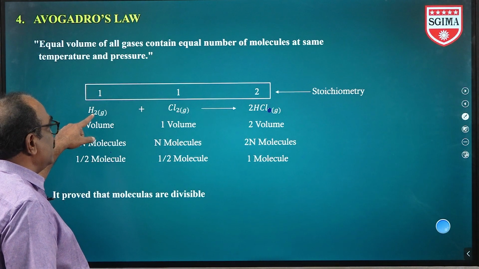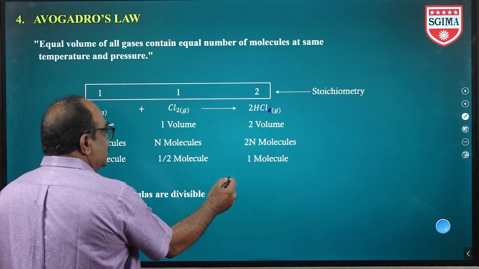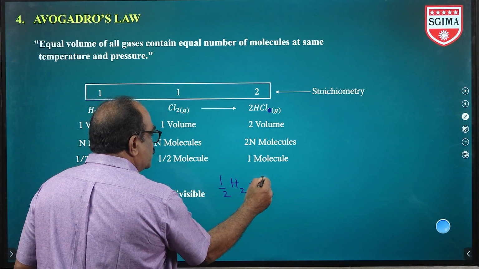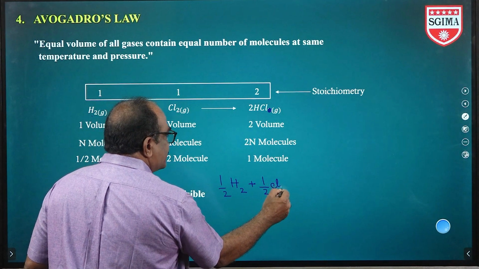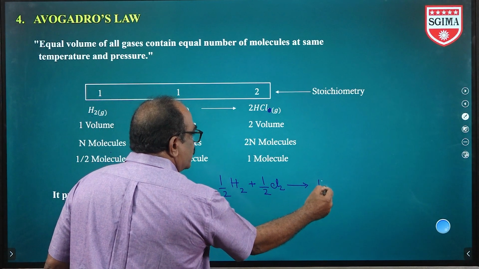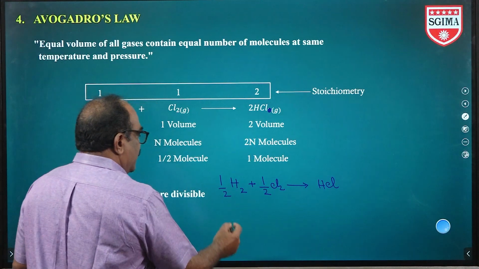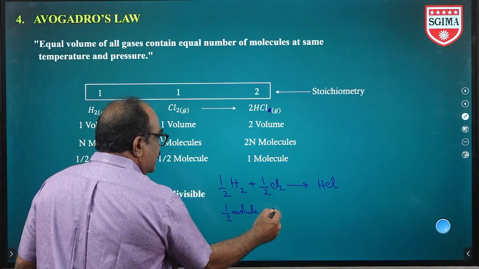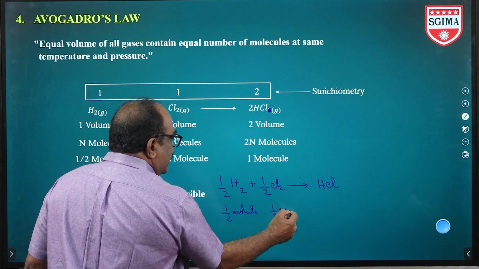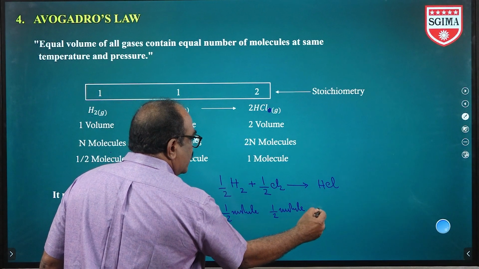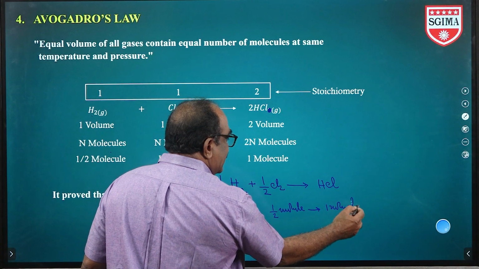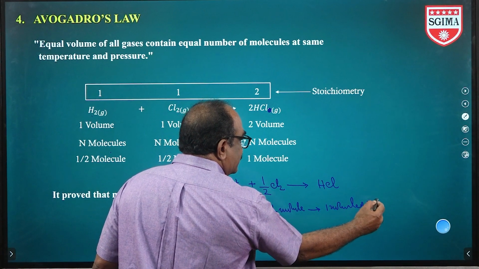If I am taking half molecule of hydrogen, meaning that 1 atom will be taken. I write here half H2 plus half Cl2 gives rise to HCl. Half molecule combining with half molecule of chlorine to produce 1 molecule of HCl.